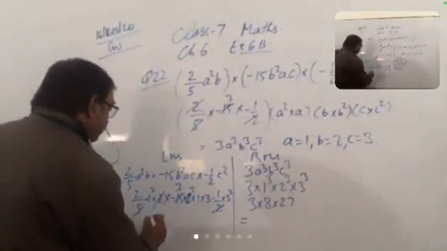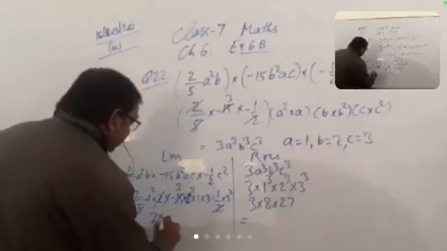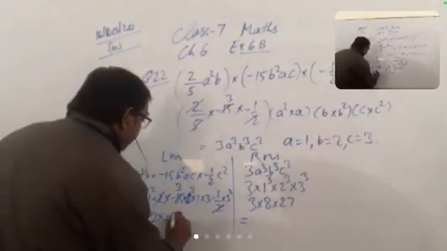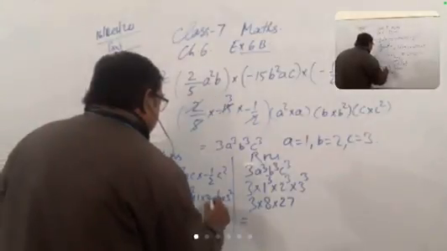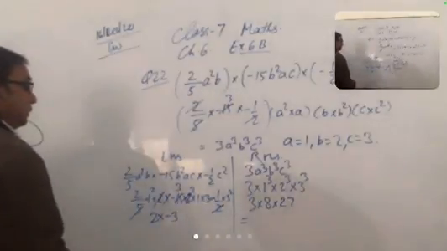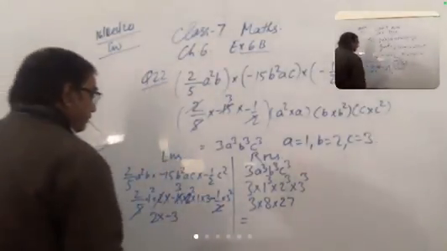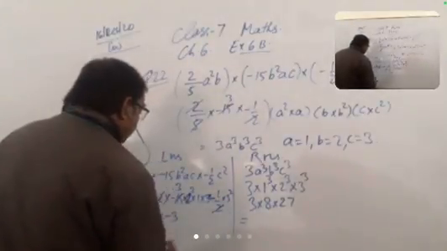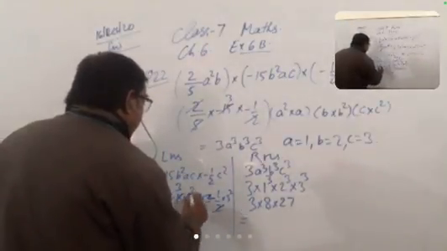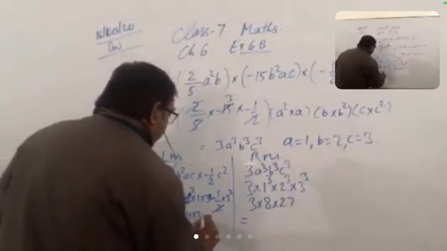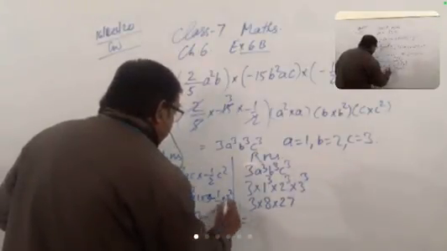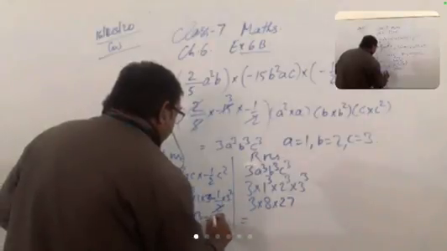So in the first portion, the remaining numbers are minus 2, minus 3, and 2 to the power 2 is what? 4 into 3, then minus 3 square is 9.